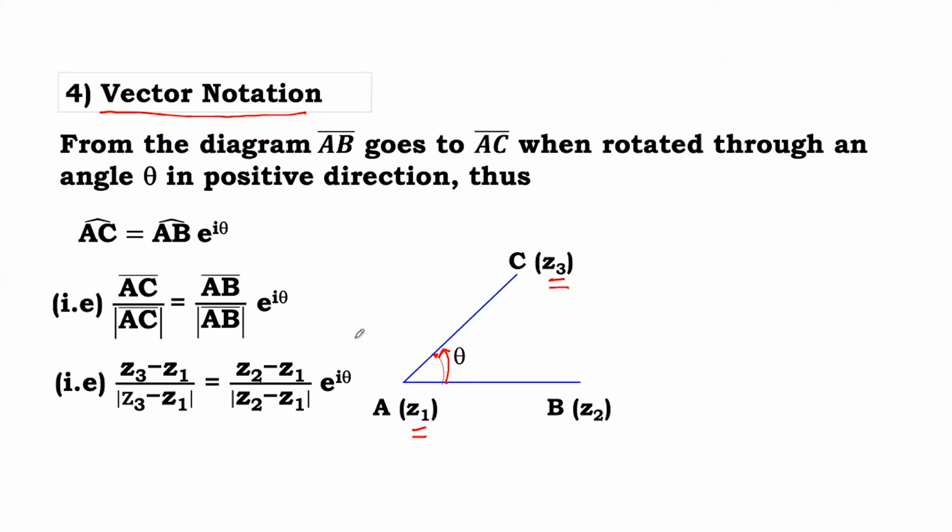So we can write this as (Z3 minus Z1) upon (Z2 minus Z1) equals modulus of (Z3 minus Z1) upon modulus of (Z2 minus Z1) times e to the power I theta, right? So the angle as well as the magnitude. This is called the magnitude and this is called the rotation angle of this, right?